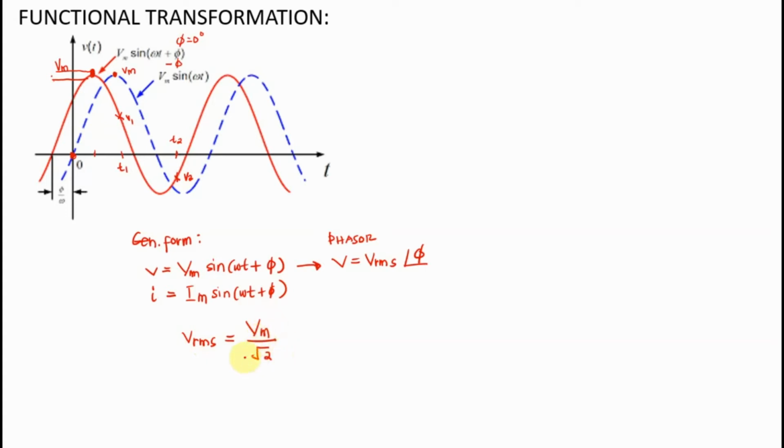It's up to you to research where the square root of 2 came from. The same goes for the current: I RMS, the root mean square, angle phi, where I RMS equals the maximum current divided by square root of 2.